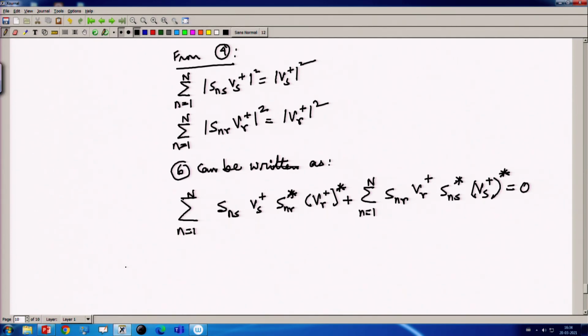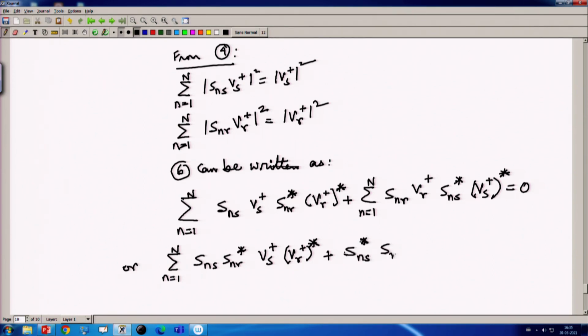Or we can rewrite this as taking the voltage variables all together to one side. So, we put this as 7.